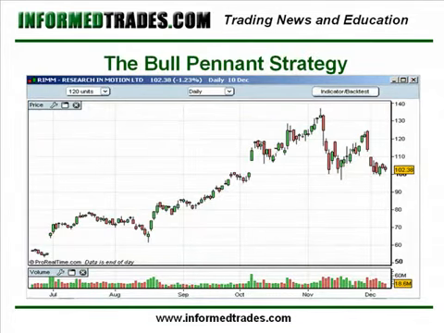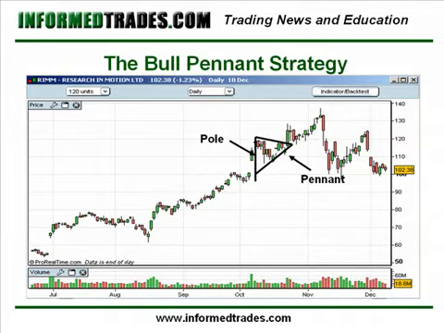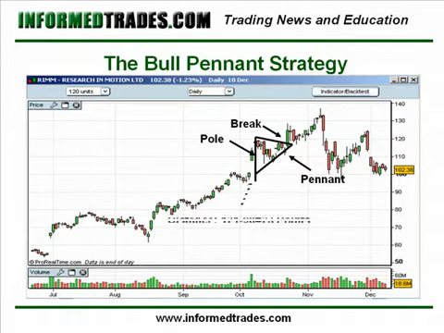The strategy for trading the bull pennant is exactly the same as trading the bull flag, with one exception, and that's where the stop is placed. So let's look at this. We have our pennant here. Same thing as far as looking for a break of the upper line of the pennant, just like we did with the flag. We have that there. Then we look for the distance between the high point of the move up and the low point, and we subtract the low point from the high point.